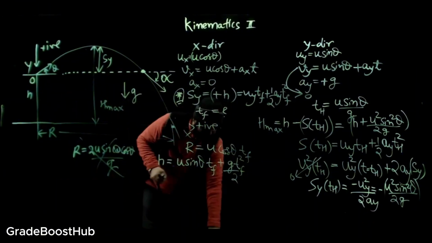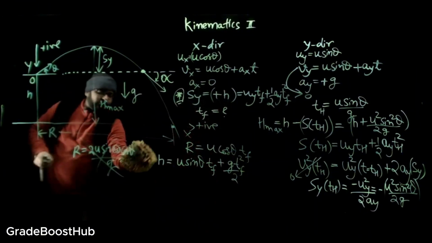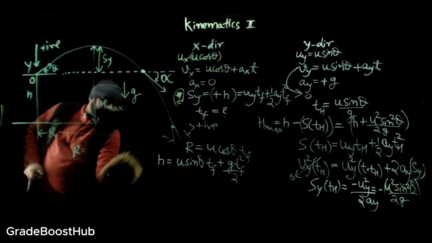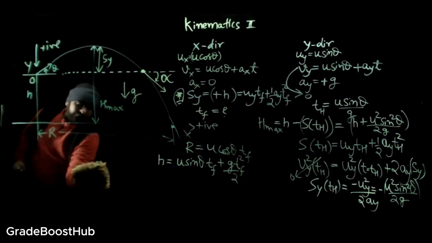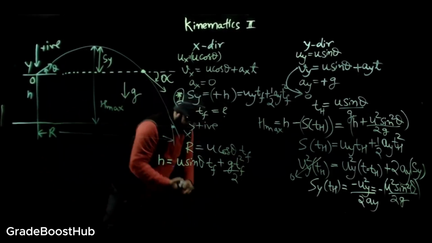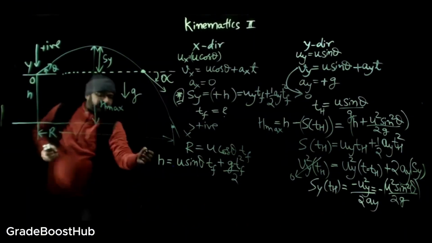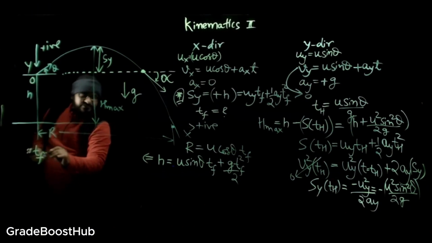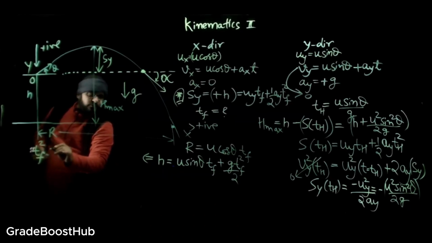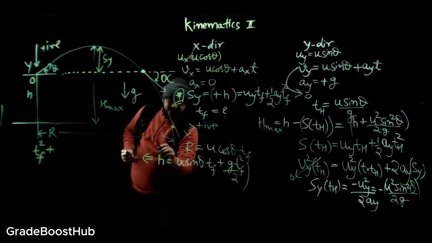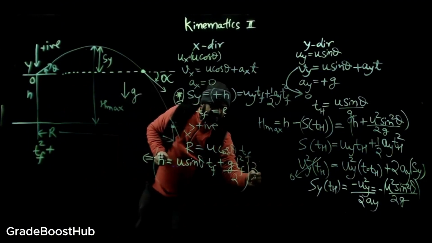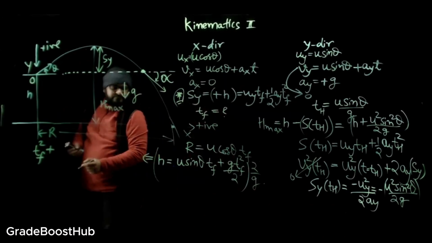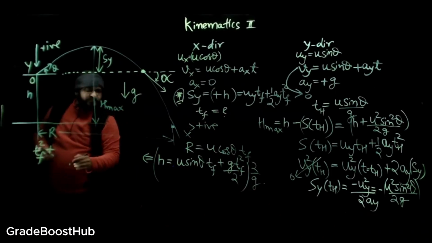Okay, let me try. But you have to do this problem one time in your life, in your notebook, all alone, with beautiful writing, then you will never forget. Okay. So I'm going to rewrite this equation. If I multiply this equation with 2 and divide by g, the entire equation, what will happen?